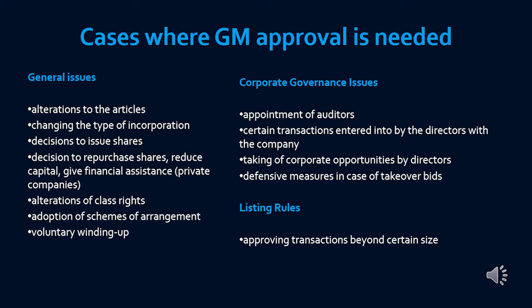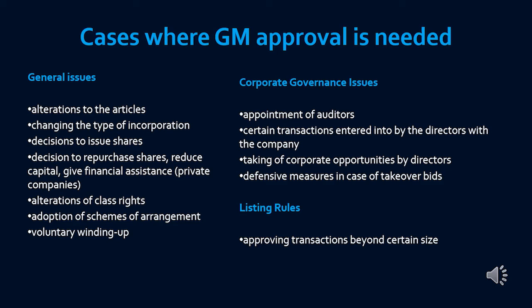The crucial part is this list here, where the board has to go back to the general meeting and ask them for stuff. This is the dividing line between the power of the board and the opportunity or the necessity of the general meeting to intervene. If you have a desire to change the Articles of Association or change the type of incorporation, you have to do this through the general meeting.